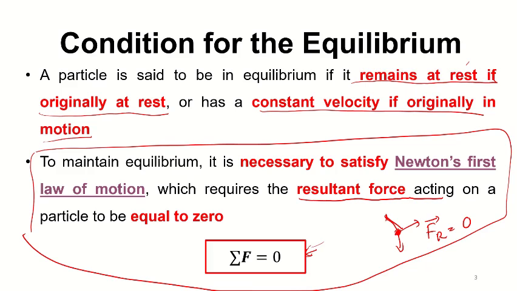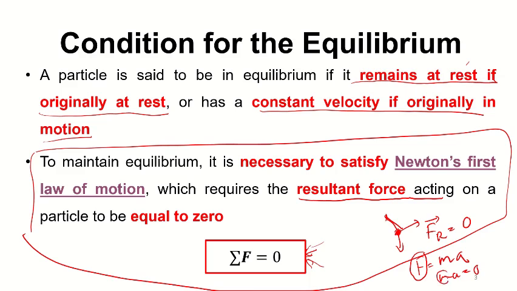If this condition is satisfied, then we can say the particle is in equilibrium. This follows from Newton's second law of motion. You all know it is F equals ma. So if the resultant force is 0, then ma should be equal to 0.